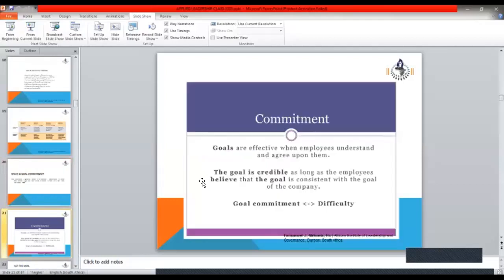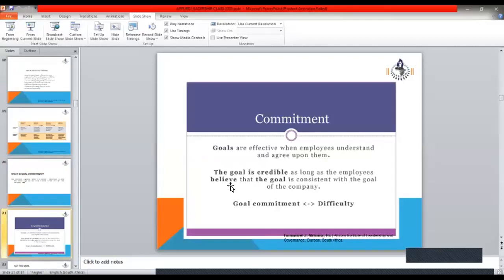Therefore, what is commitment? I always say this: goals are effective when employees understand and agree upon them.